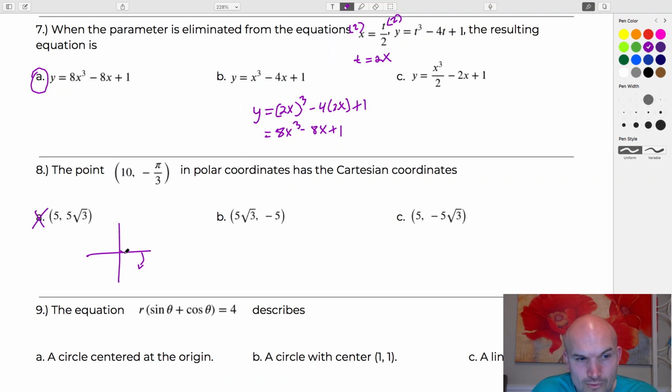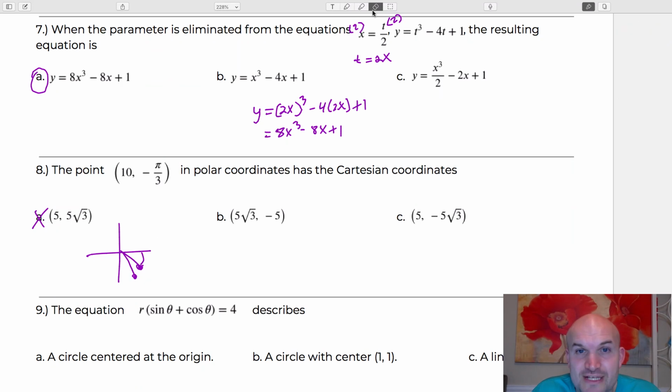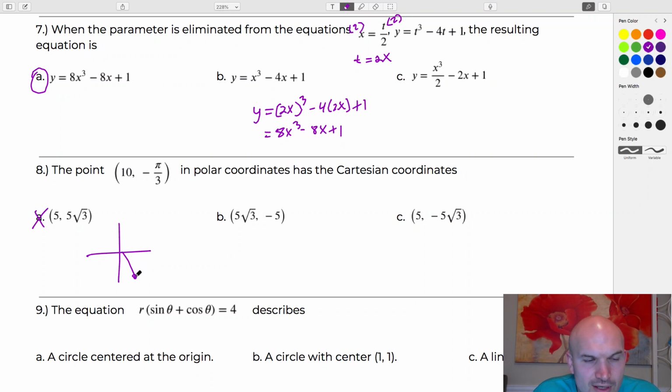Now I just have to figure out what this coordinate point at negative pi over 3 is. It's down here, which has a reference angle of pi over 3. As long as you remember the unit circle, this one isn't that bad. This coordinate point here has the x component of 1/2, so it's going to be a positive 1/2, comma, negative square root of 3 over 2.